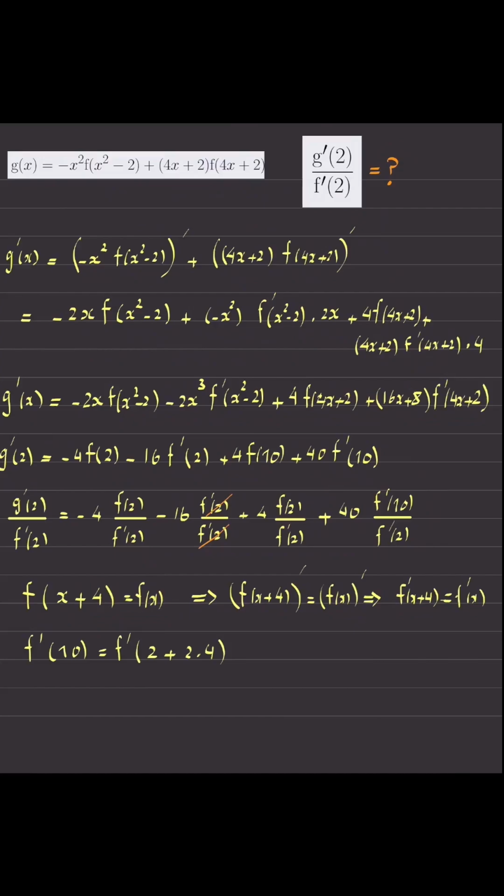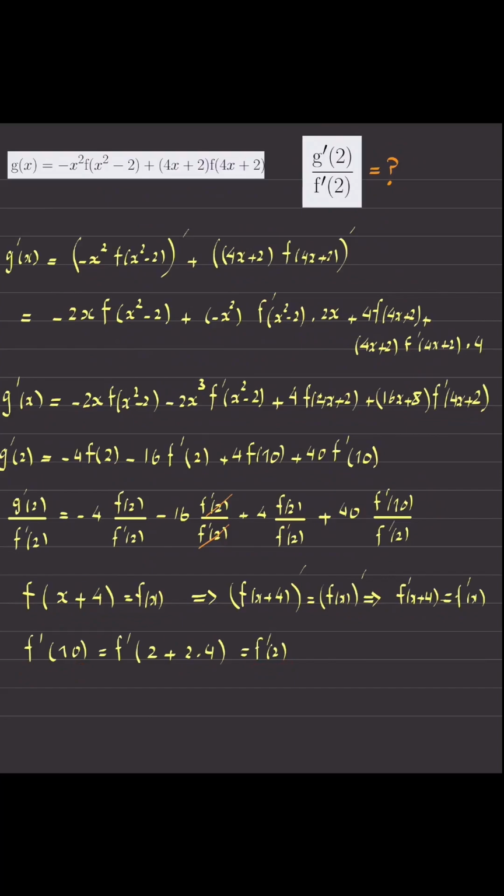In order to calculate f prime of 10, I write 10 in this form, but this is 2 times the period 4, because the derivative is also periodic with period 4. So this means that this can be eliminated because that is an integer multiple of the period. So this becomes exactly f prime of 2. So f prime of 10 and f prime of 2 are also equal.